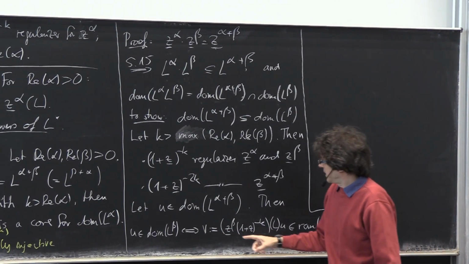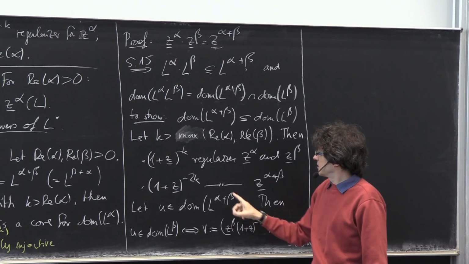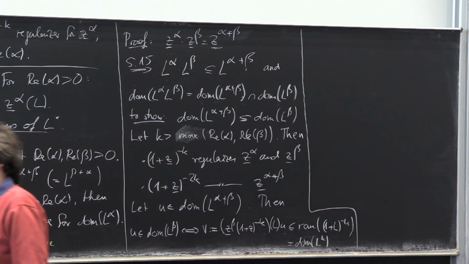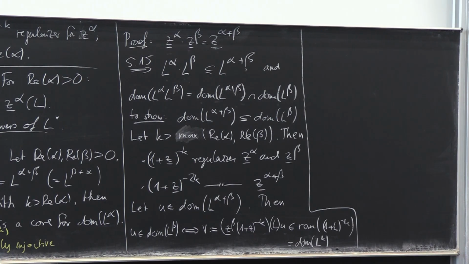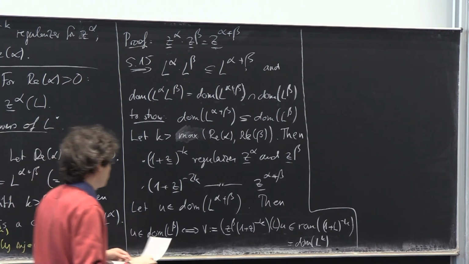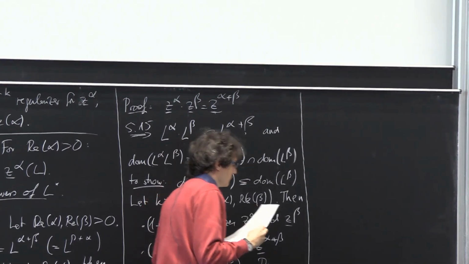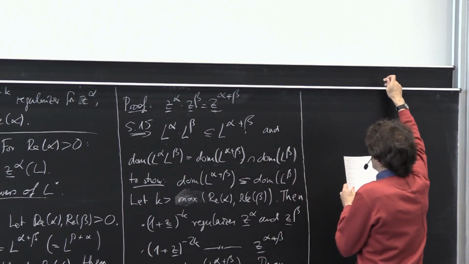We know that the U is in this domain, so to use this knowledge in the calculation that we do now, we have to make L to the alpha plus beta appear. So we have to regularize by a huge amount, oh, by the right exponent, to make this possible.